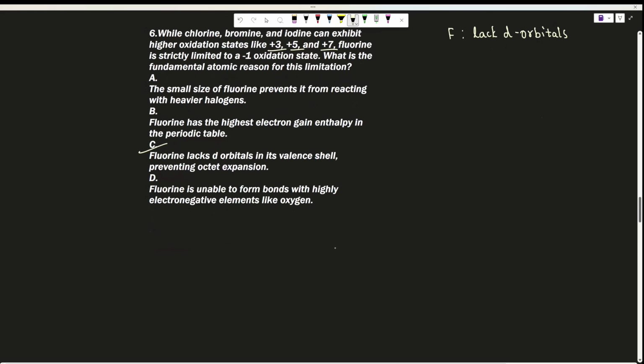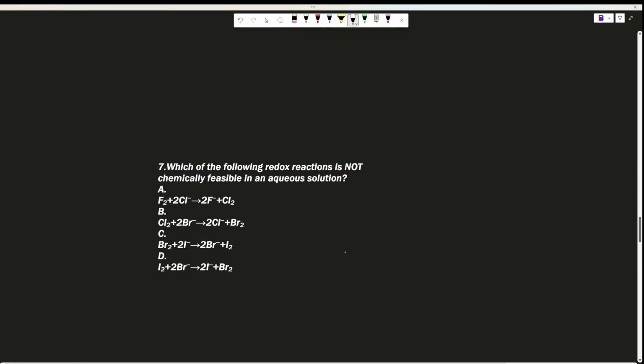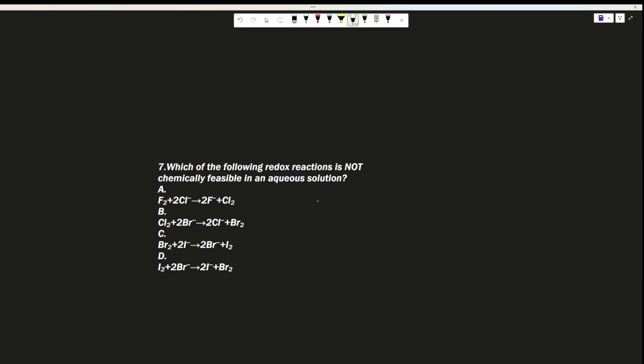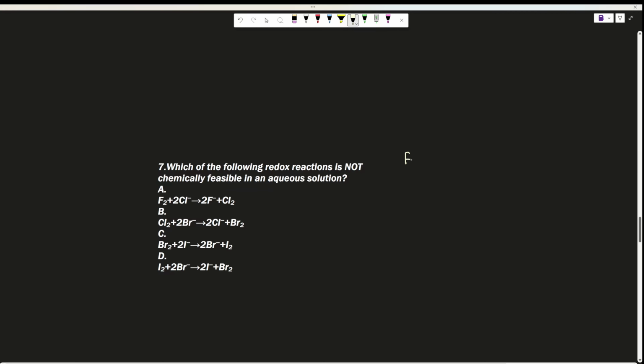Okay. Next, which of the following redox reactions is not chemically feasible in aqueous solution? So here this is the displacement reaction we have, right? Halogen displacement. If you consider the reactivity of halogens, fluorine is greater than chlorine, then bromine, then iodine. So a more reactive halogen can replace less reactive ones from their solution, just like your metal displacement reactions.